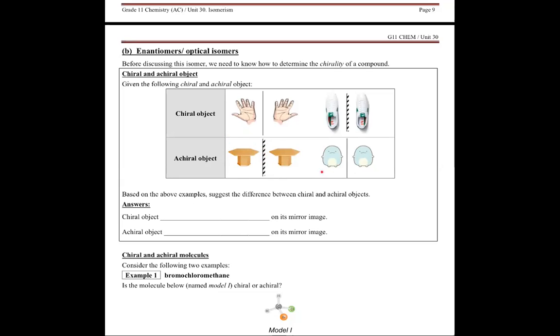And again, for this character, if you take the mirror image, it would just be the same as the original one. So we have no difficulty putting it on top of the original character. So we say the original character is superposable to its mirror image.